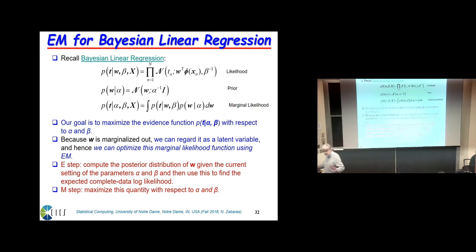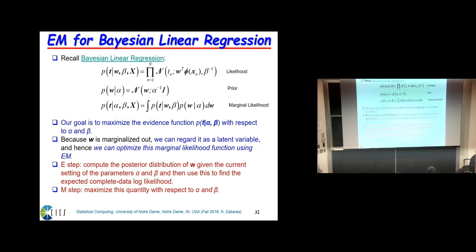It's a linear regression problem. The likelihood is that the response for a given x is w transpose phi, where phi are the basis functions. I'm writing this for the data points, little n, and then I put some noise, beta.